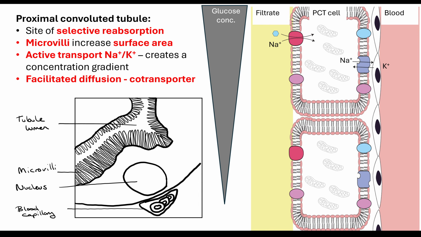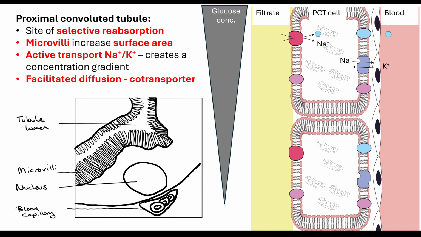And that's done through a process called co-transportation, where the glucose and the sodium come into the proximal convoluted tubule cell together. So the concentration gradient that was created by our sodium-potassium pump pumping the sodium out ensured that the sodium was going to diffuse into the proximal convoluted tubule cell, and it would bring the glucose along with it.